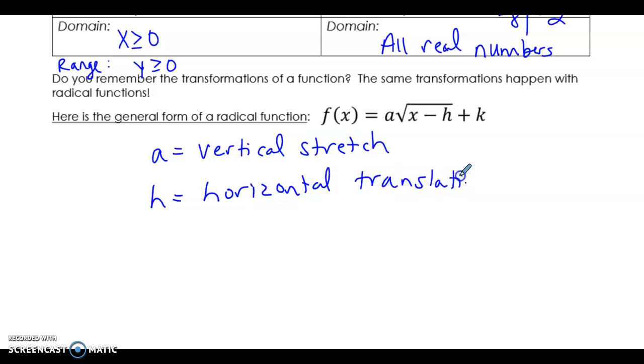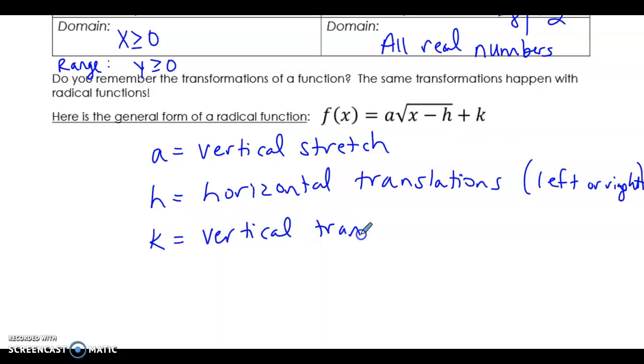And again, since it had minus h, we need to move it the opposite direction, left or right. And then K, that's your vertical translation. So that's how much your function will move up and down.